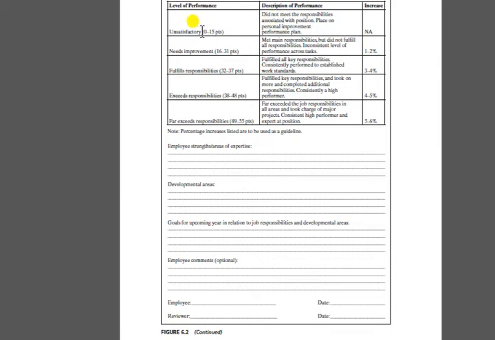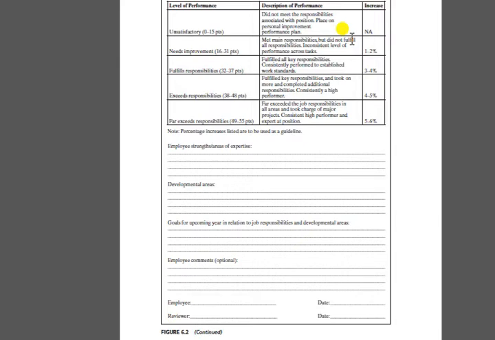For example, unsatisfactory is 0 to 15 points. So what is the description of that employee? It means that the employee did not meet the responsibilities associated with the position, and is placed on a personal improvement performance plan.